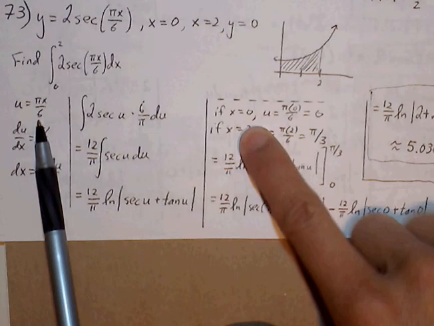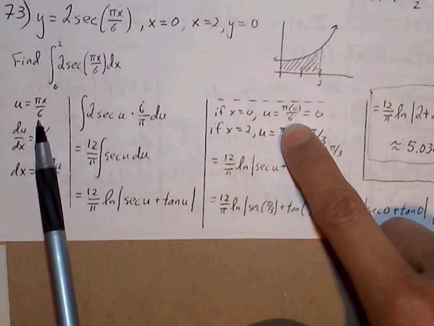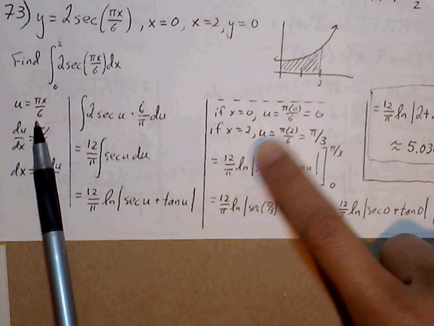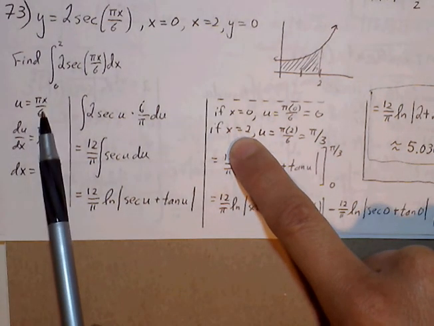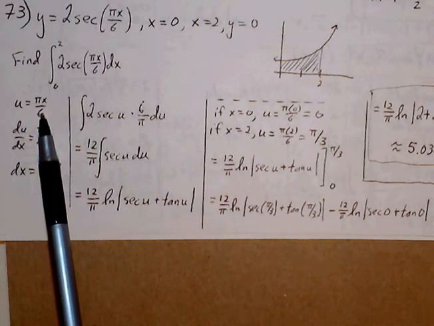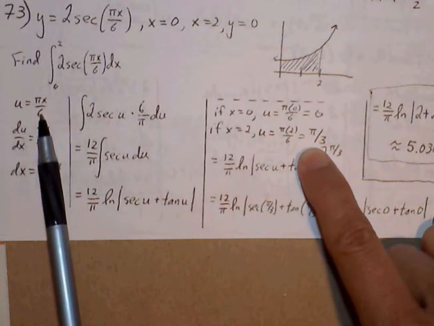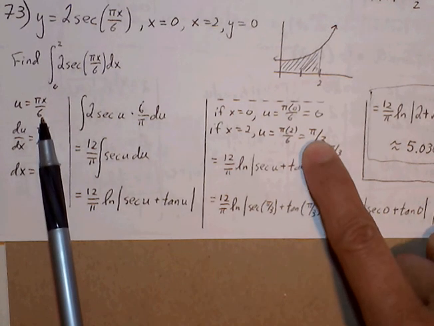Our old bound is 0, so plug 0 in for x. So 0 times pi over 6 is simply going to still remain a 0. Our old upper bound was 2. Plug 2 in for x. We get 2 pi over 6, which reduces to be pi over 3. So we have our new upper bound being pi over 3.